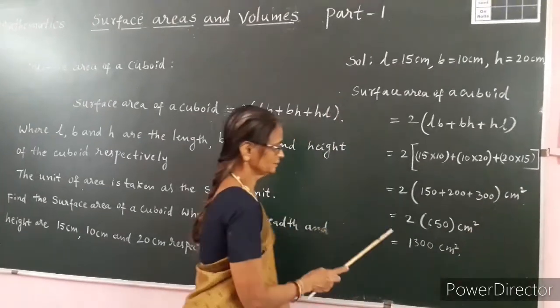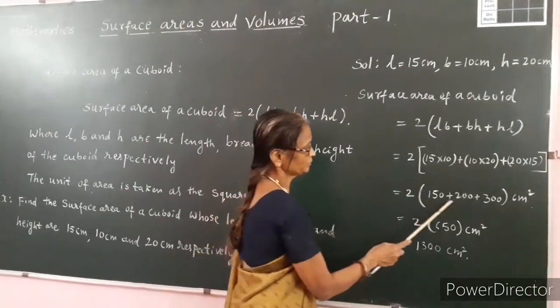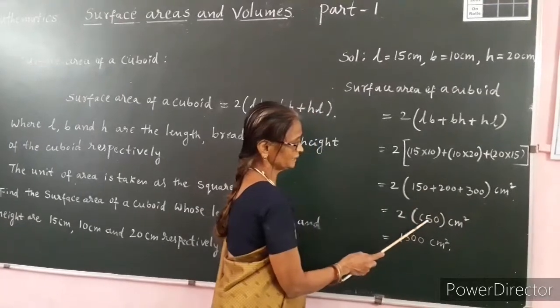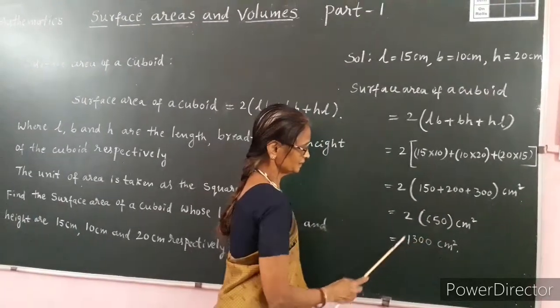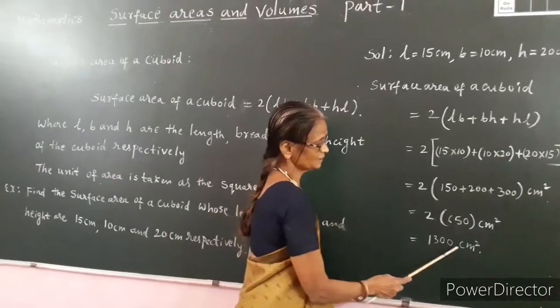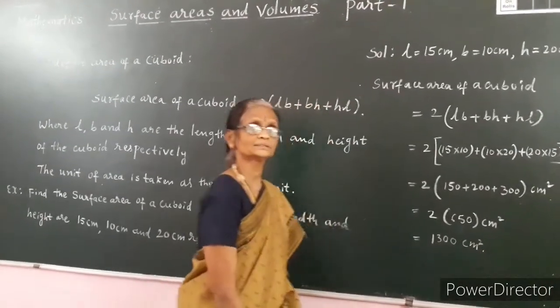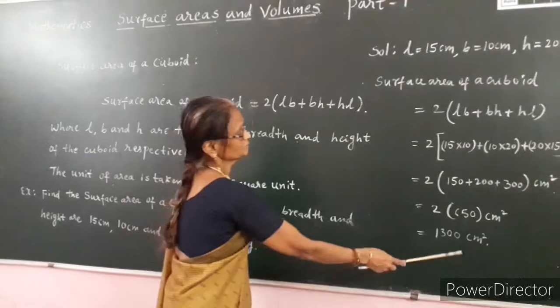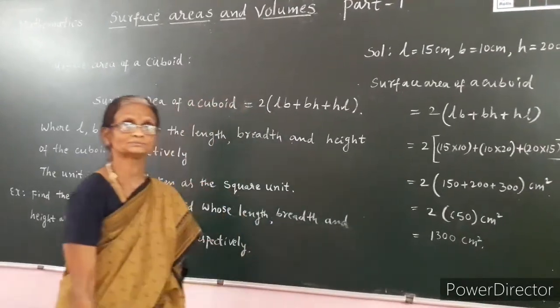Adding these up, we get 650. 2 into 650 gives 1300 centimeter square. This is the surface area of the cuboid.